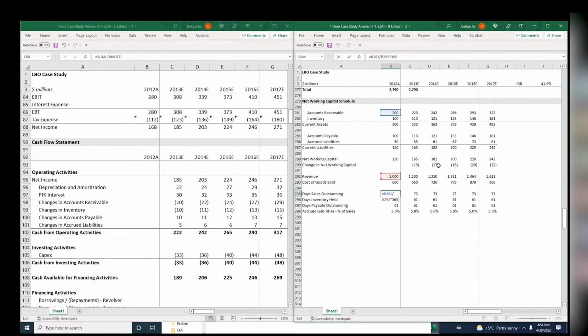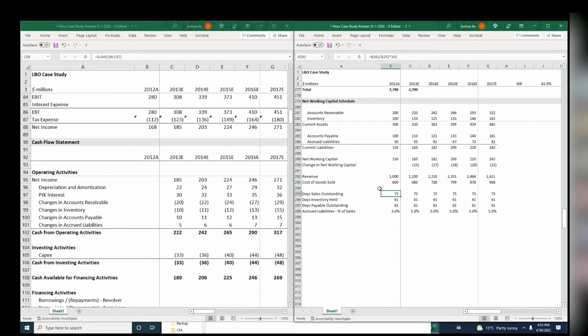Well, okay, so days sales outstanding. You may have heard that term before. You can just Google it. It's a hard formula to remember, but long story short, it's basically saying how long does it take for your client to pay you? And the way you find that out is, first of all, what's our accounts receivable? Let's divide that by revenue.